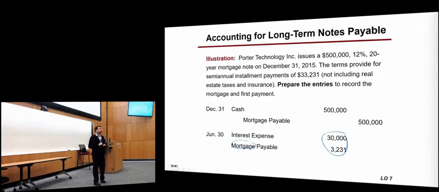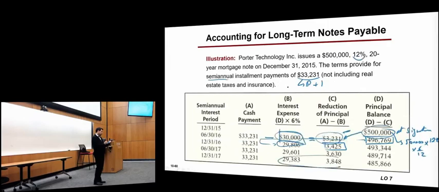Okay? Mortgage payable, that will be the part that is calculated by subtracting, as you can see here. This one, it's simply the rate, so this is the interest expense, it's the rate multiplied by the remaining balance in the principal.